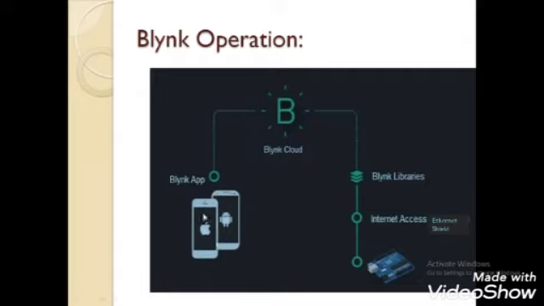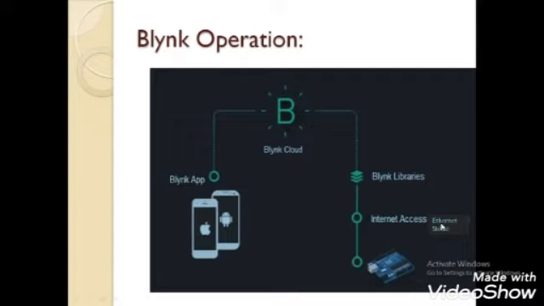We need to install a Blink app in mobile, by which we are storing the data or manipulating the Arduino via these mobile devices. This mobile devices data goes to Blink cloud, and we include Blink libraries in our code.